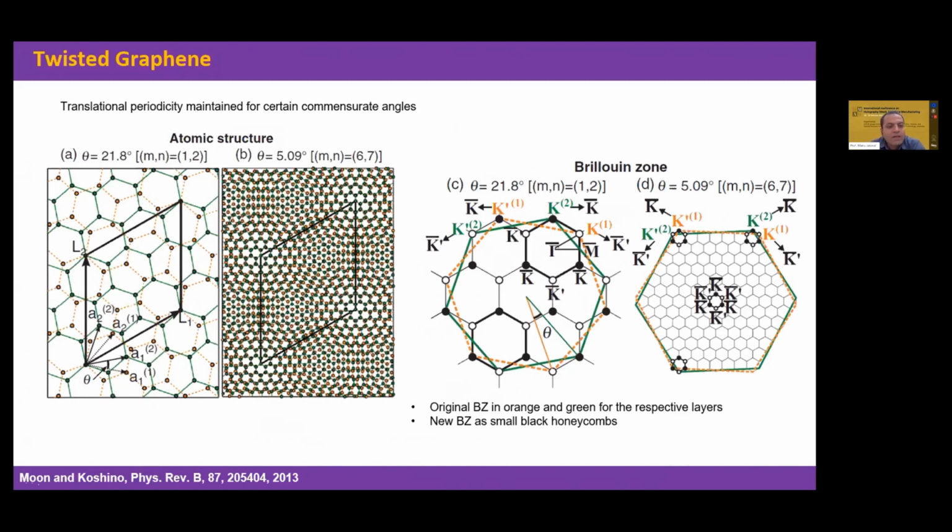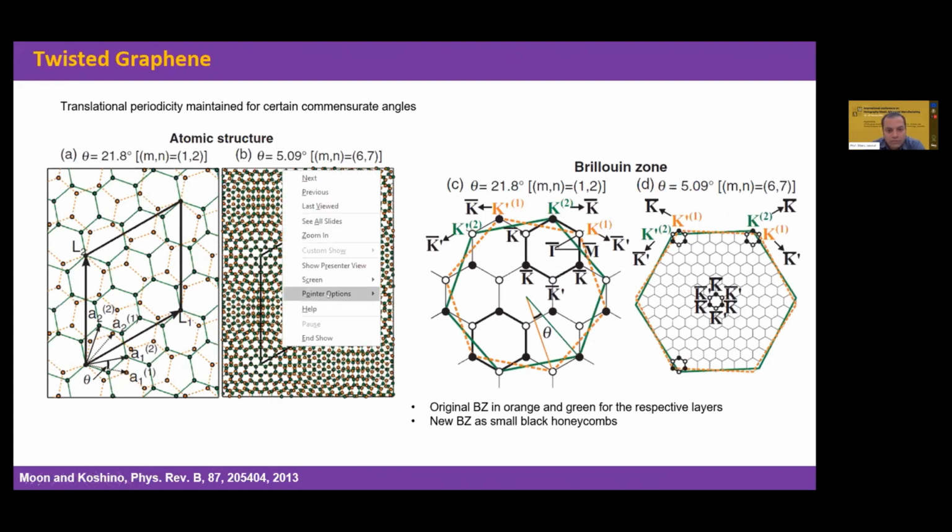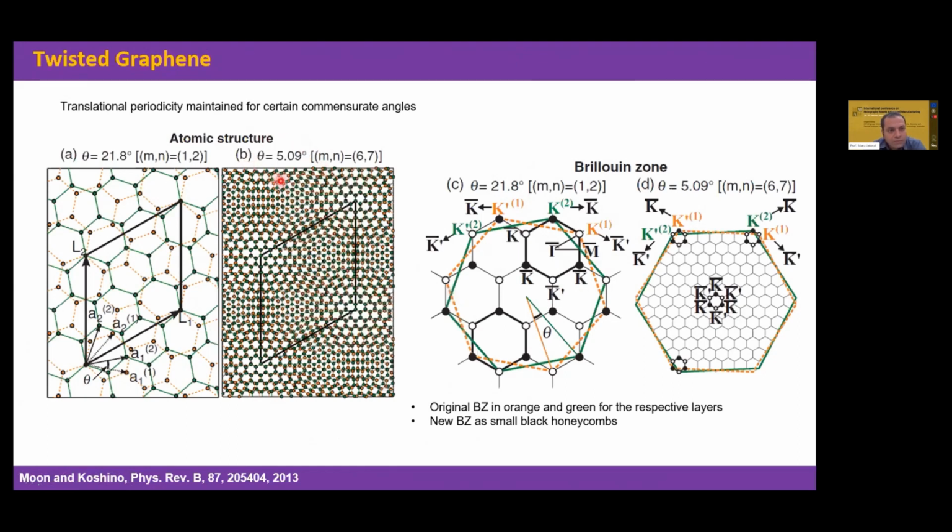Yes, thank you. So if you look at the atomic structure for two kinds of rotation angles, a small twist angle of 5 degrees and a large twist angle of 21 degrees, then the unit cell in real space, in this case, is very large, covering a large number of carbon atoms. And here it's relatively smaller.